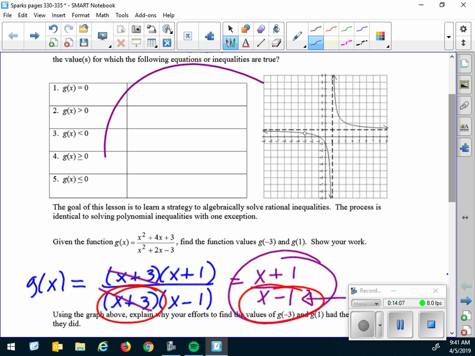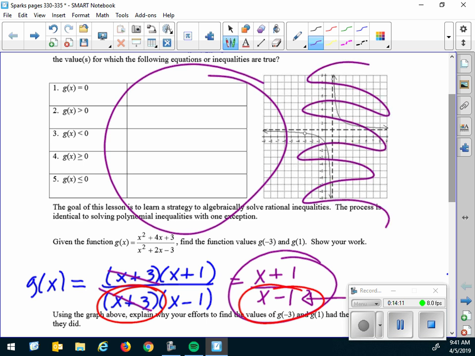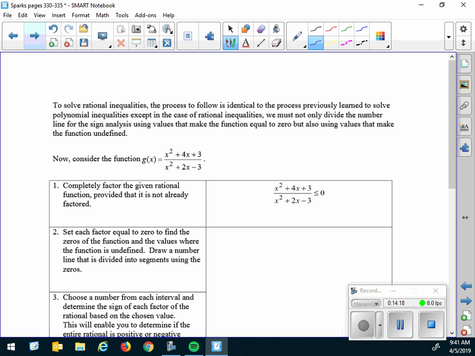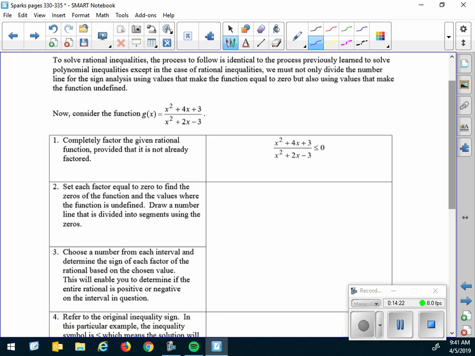Can we fill this out without seeing the graph? We can start on the next page. You have done this a little bit, so it won't be completely new to you.